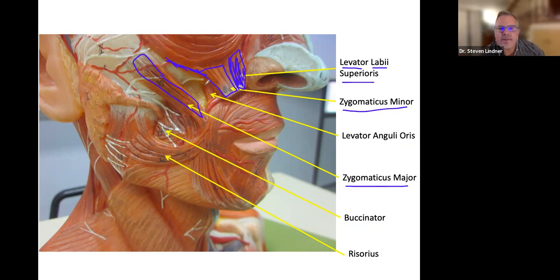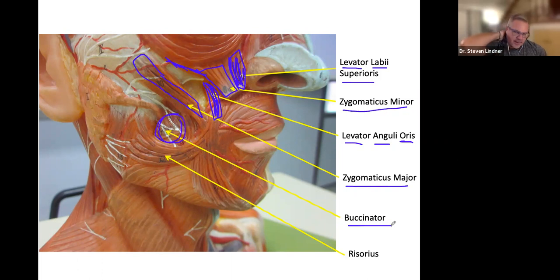Okay, going this way, in that direction, is the levator anguli oris, going to the angle of the lips. The trumpet muscle right here, that large deep one in that hole, that's called the buccinator.